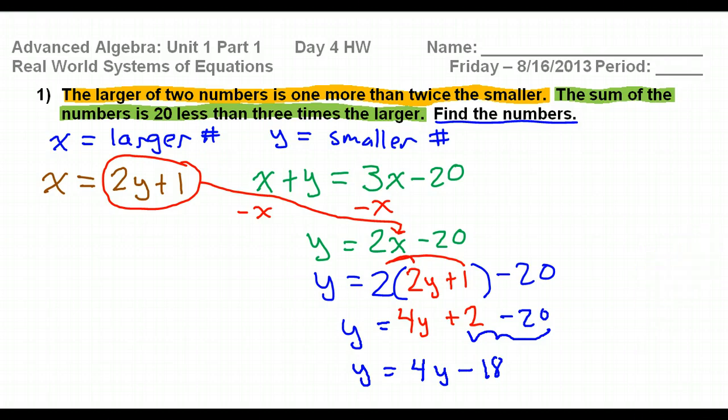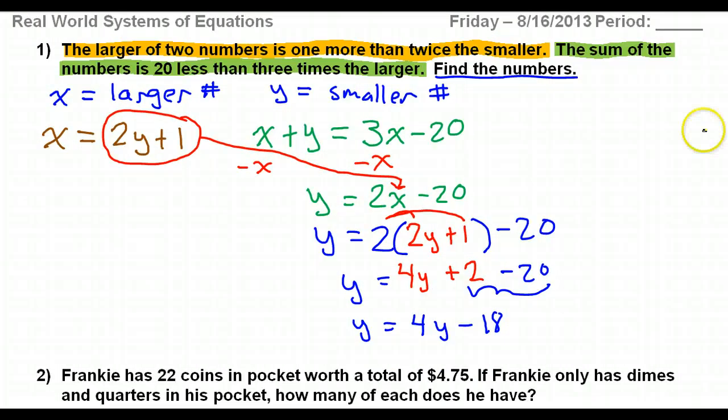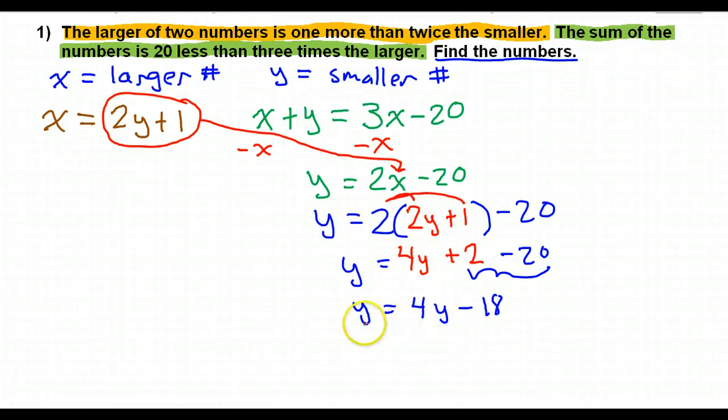Now, again, at this point, I see that I have the same variable on both sides of the equation. We're going to have to get rid of one of these y terms. You don't want to have the same variable on both sides. In this case, even though it's going to give me a negative number, I would probably subtract 4y from both sides. Getting a 0 over here causes students problems, so I'm going to avoid that.